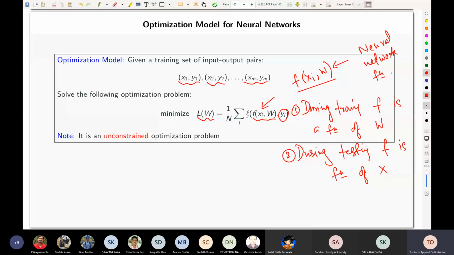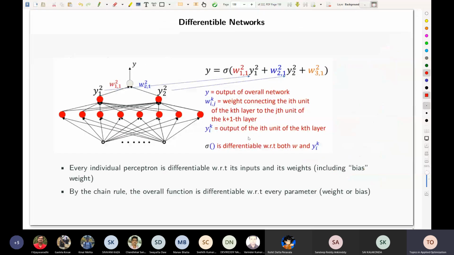And the loss function usually will be non-convex. Why will it be non-convex? Because you are talking about functions like 1/(1+e^(-w1 x1 - w2 x2)), let us say just two variables. Is this convex?